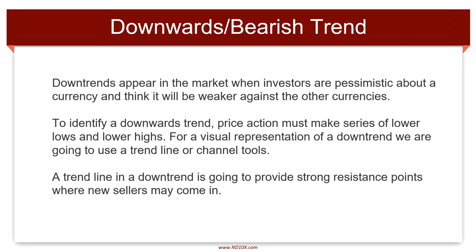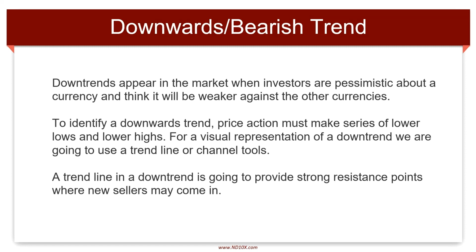Downwards or bearish trend. Downtrends appear in the market when investors are pessimistic about the currency and think it will be weaker against other currencies. To identify a downward trend, price action must make a series of lower lows and lower highs. For visual representation of a downtrend, we are going to use trend line or channel tools.